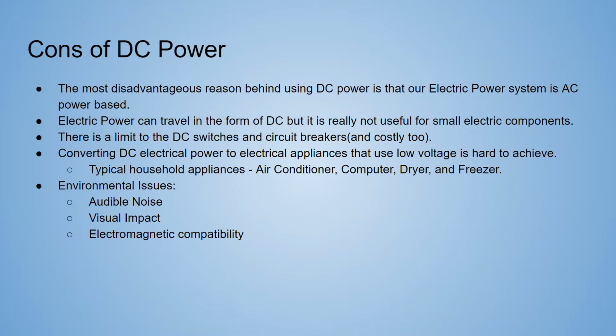Converting DC electrical power for appliances that use low voltage is hard to achieve, meaning household appliances like the air conditioner, computer, dryer, freezer, fridge, and washer. DC is usually high voltage, so that's why we use AC.